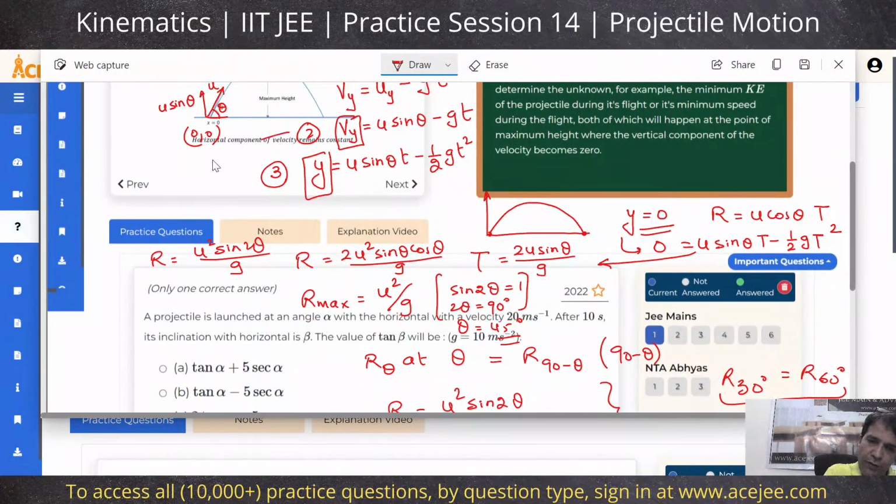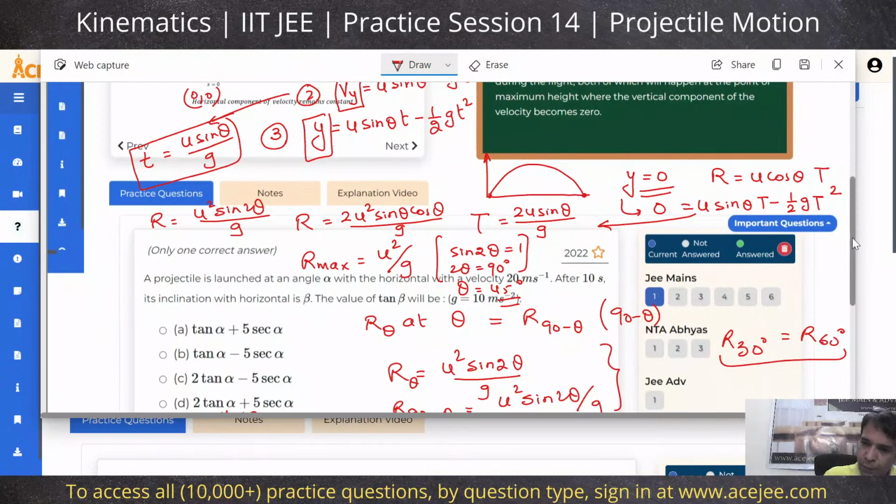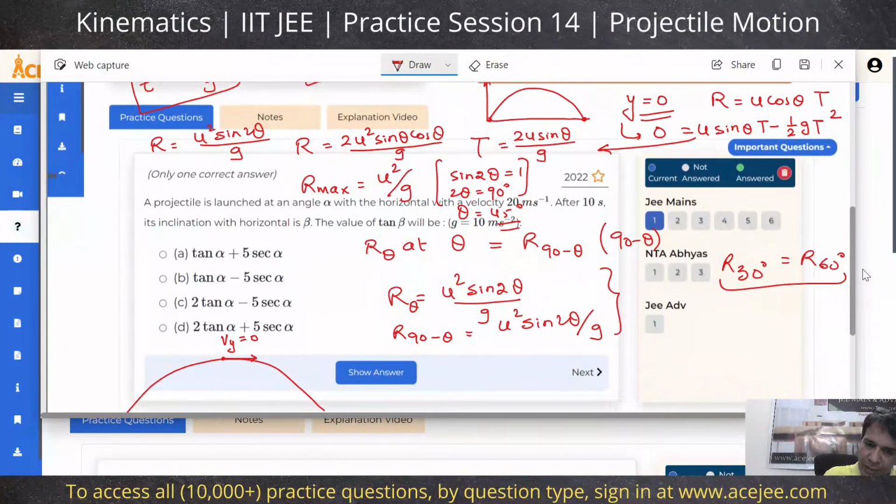So if Vy is 0, that means the time is u sine theta by g. That means after this much time from the time of launch, our vertical component of velocity becomes 0. So if we put that in the equation for y, we will get the maximum height.